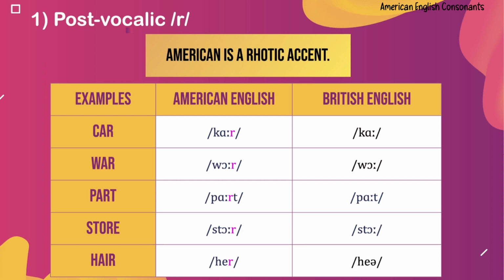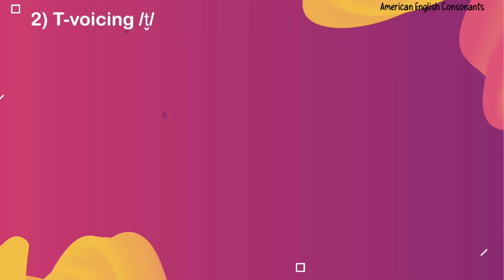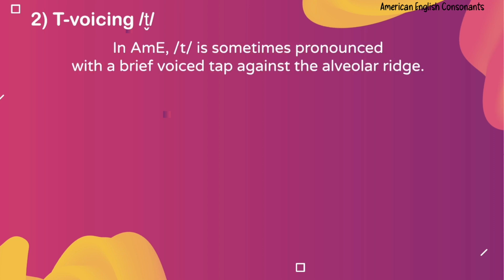The second one is T voicing, or the T sound. In American English, the T is sometimes pronounced with a brief voiced tap against the alveolar ridge, so somehow it sounds similar to a D sound.